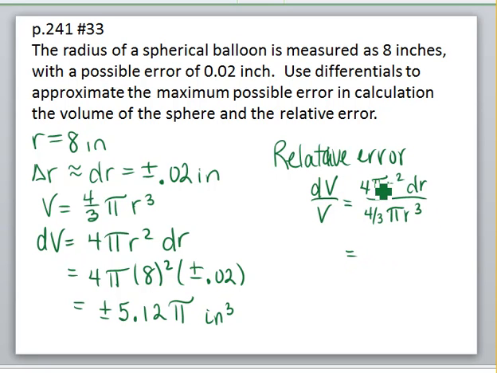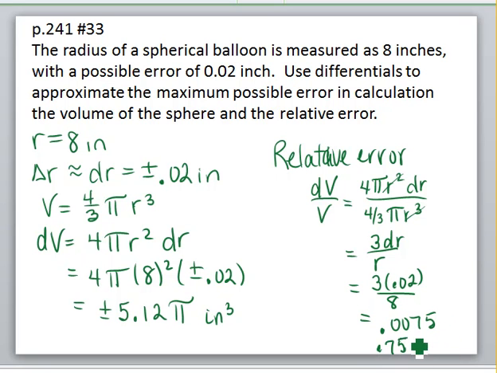Well, I know that 4 divided by 4/3 is 3. My r's would cancel, and I'd have one r left on the bottom, and dr would be left on top. So I can say my relative error in this would be 3 times 0.02 all over 8, which would give me 0.0075. The percent error then is 0.75%.